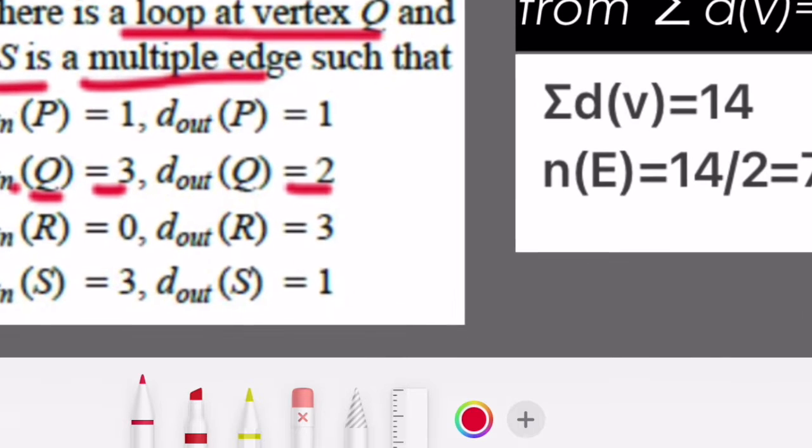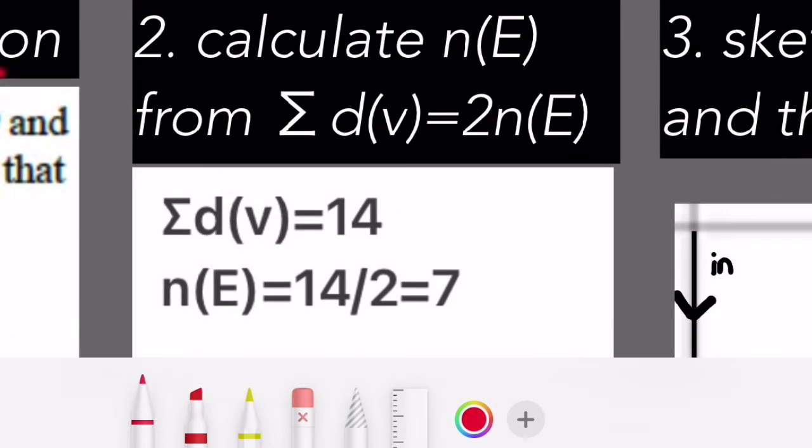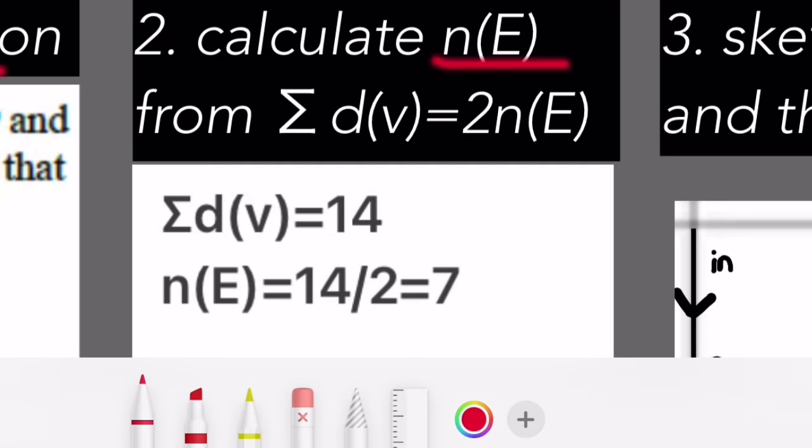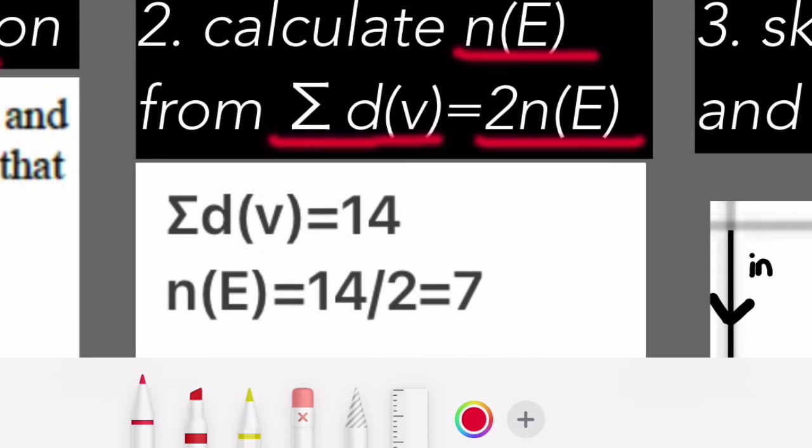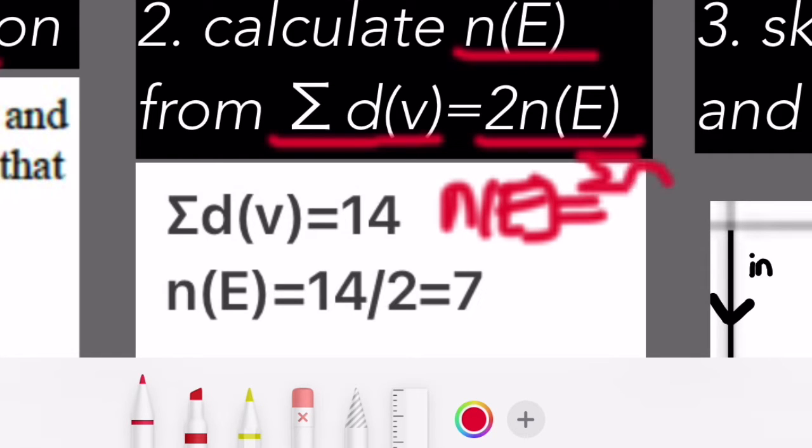So we read the question. After that, we have to calculate the number of edges from the sum of the degrees of vertices, which equals 2 times the number of edges. We can find how many edges by taking the total degree divided by 2, right?